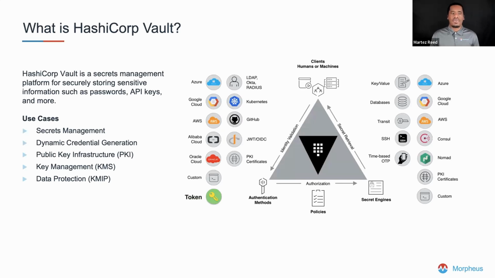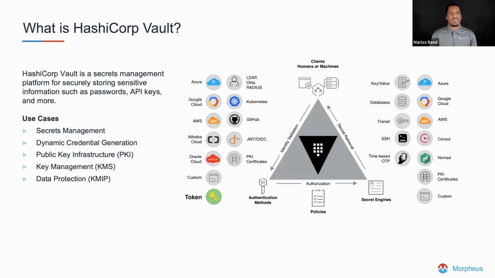Additionally, there are a number of other use cases, such as public key infrastructure, or PKI, for certificates, and KMS, or key management, to be able to cryptographically handle things that need to be encrypted in a fashion that allows the organization to ensure that information has been encrypted either at rest as well as in transit.